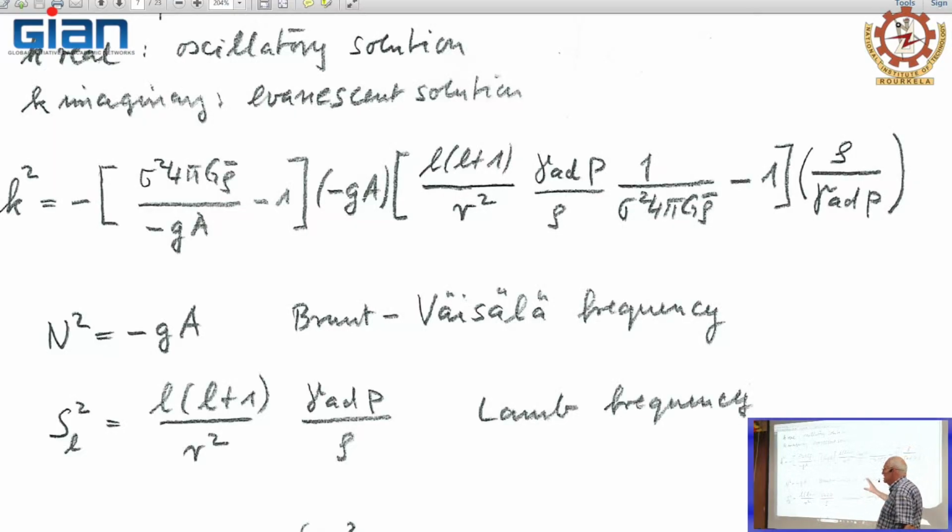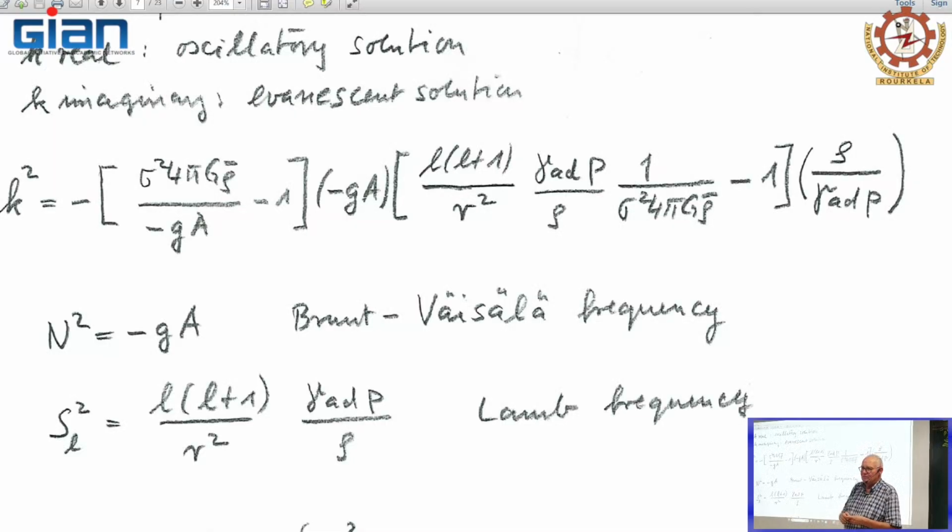This has the dimensions of a frequency squared, and according to its discoverer, it's called the Brunt-Väisälä frequency. He was a Finnish guy, so it's pretty difficult to pronounce Väisälä. I don't know whether I'm right. We call it Brunt-Väisälä frequency.